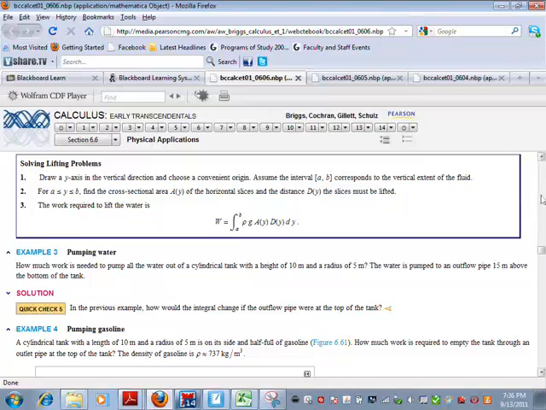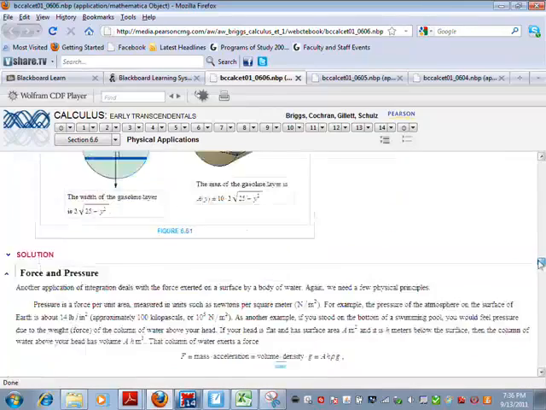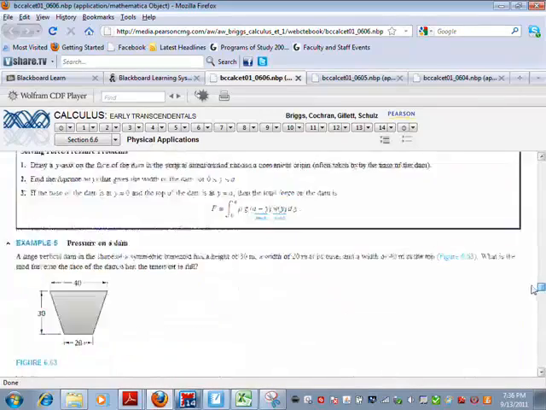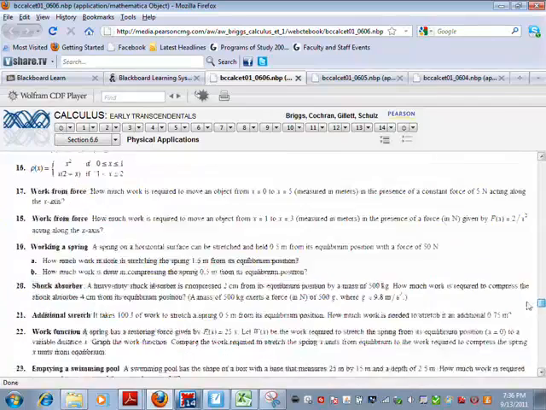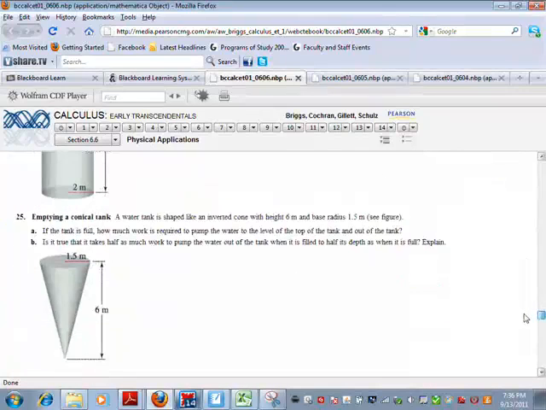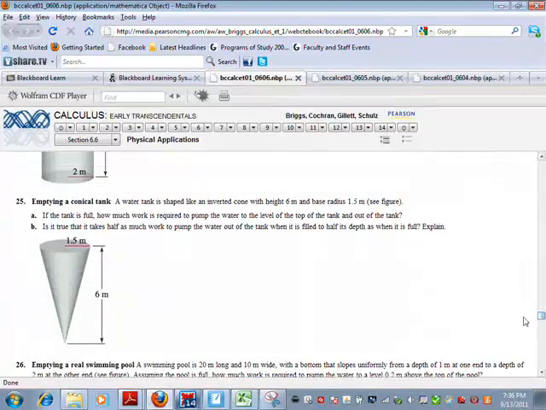Let's go to some of the exercises. Let's do this one, emptying this tank here.